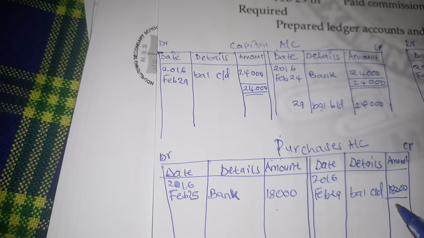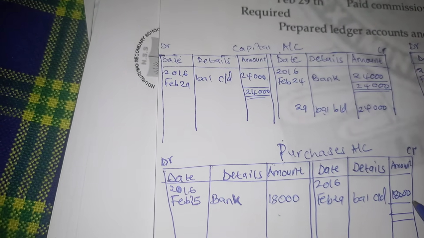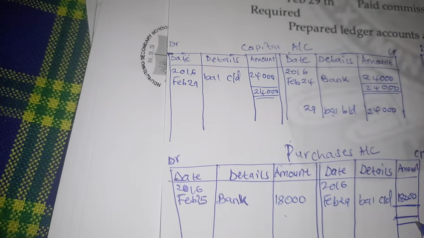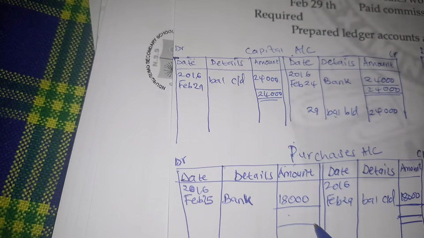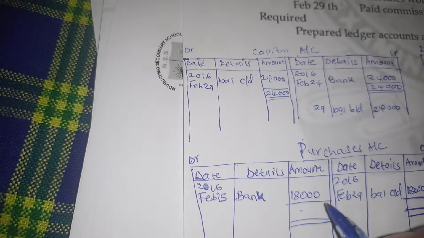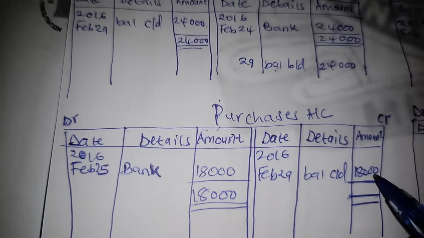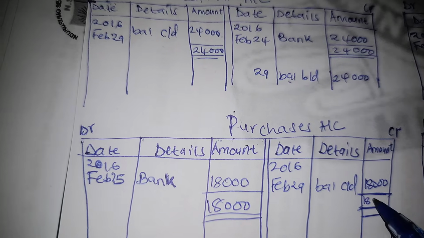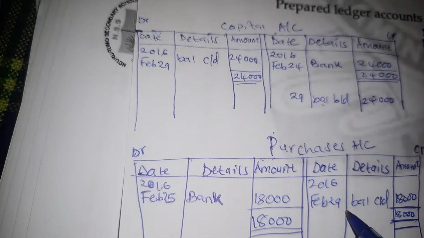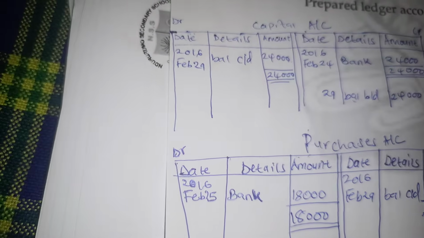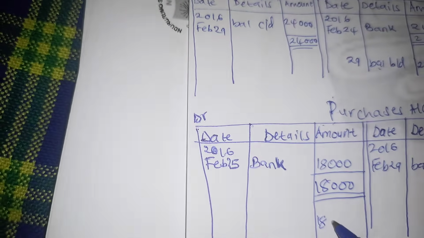Then get the totals for both the debit and the credit side. This is 18,000, and this will also be 18,000.